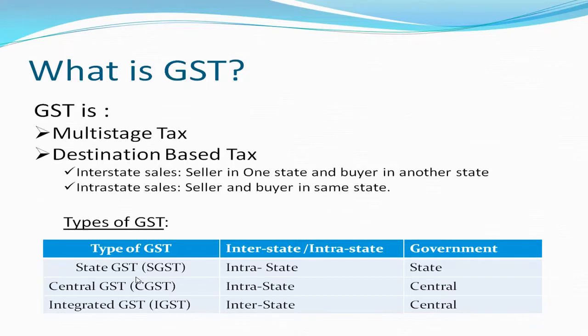It means the GST is paid to the state government. Another next type of GST is central GST, which is paid to the central government.